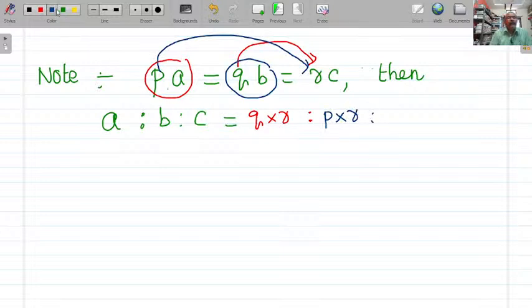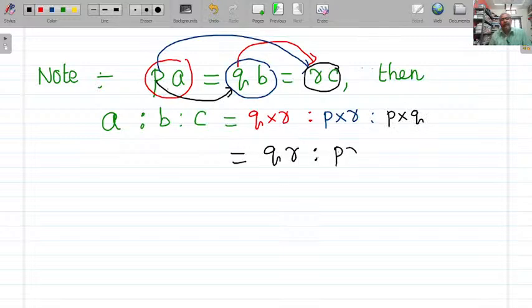Then if you want to find out C, now P into Q multiply. P into Q. So that means you will be getting QR is to PR is to PQ. So that means by practicing slowly, if you observe the pattern in the problem, directly without paper and pen also you can solve in the examination.